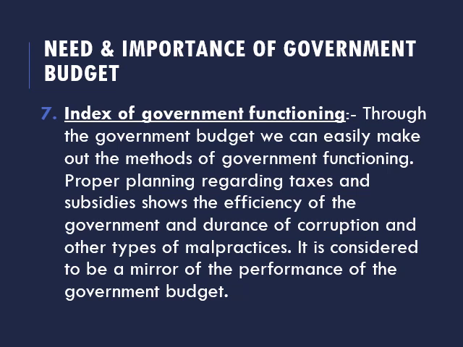If any malpractices, any corruption take place in between, that also reflects their performance. So proper planning regarding taxes, subsidies shows the efficiency of the government, and corrections, other types of malpractices, everything will be recorded in the budget.